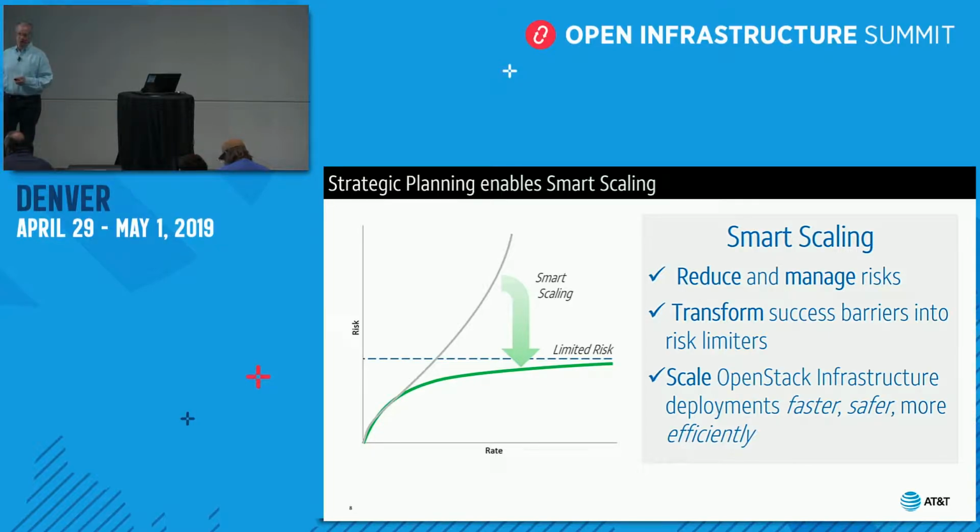And they basically allow you to take that boundary of success limitations and flip it to become risk limitations, so you can manage your risk by implementing these concepts. And this allows you to transform those barriers into risk limiters and then scale your infrastructure faster, safer, and more efficiently.